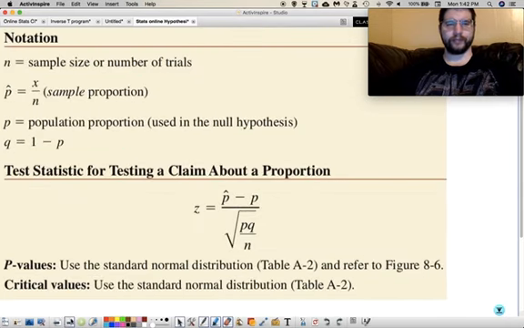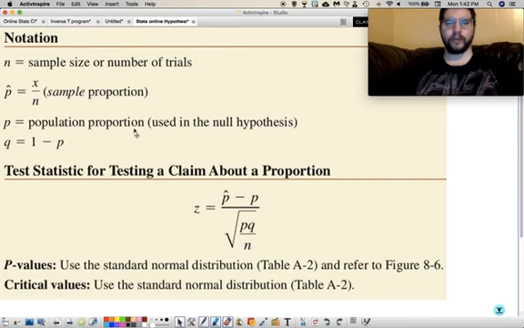Okay, let's look at some notation. N is your sample size. You should know this. P hat is x over n. You should know that as well. All of this is from the same variables from last time. P, notice P, not P hat, is the population proportion. That's the population.